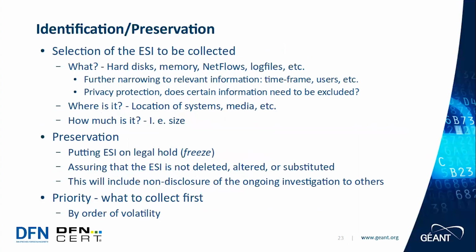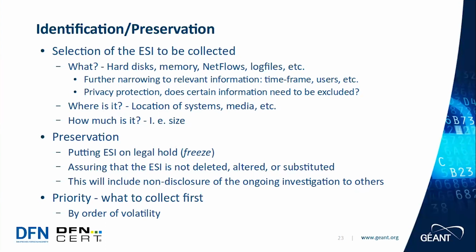Then we'll end up in the first real phase of forensic investigations, which means we would like to identify and preserve the electronically stored information. So the first step is we select the electronic information we want to collect. What do we want to collect? Which hard disks on which systems? Which memory contents would we like to examine?